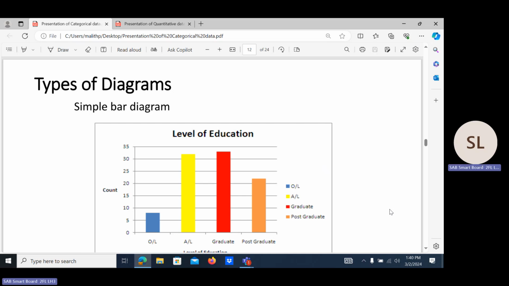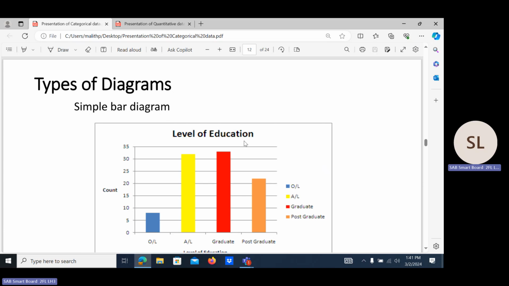Horizontal means this way. Then this is the vertical way. In this simple bar diagram, we can represent only one categorical variable. Using the simple bar diagram, we can represent only one categorical variable.